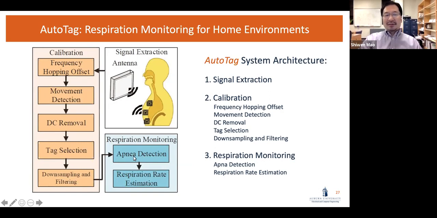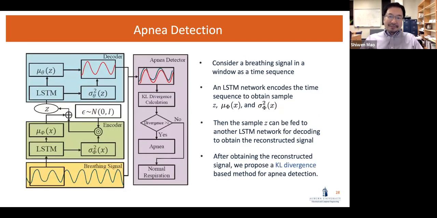Then we apply a machine learning, deep learning model to analyze the data. It's more like anomaly detection, to detect anomalous respiration patterns. The model is actually an autoencoder, an LSTM (long short-term memory) based autoencoder.